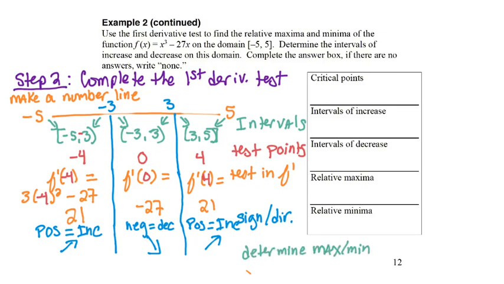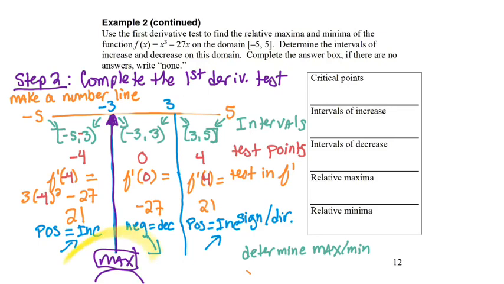Now I'm ready to determine whether I have maximums or minimums or none at my critical points. If you remember, the rule is because the derivative on the left side of my critical number and on the right side of my critical number change signs, I have a relative max at critical number x equals negative 3.